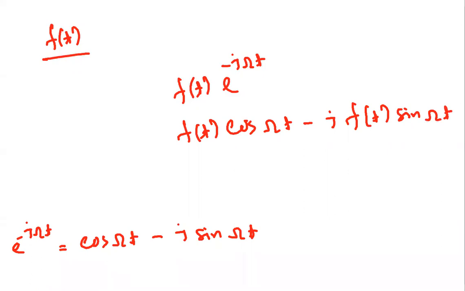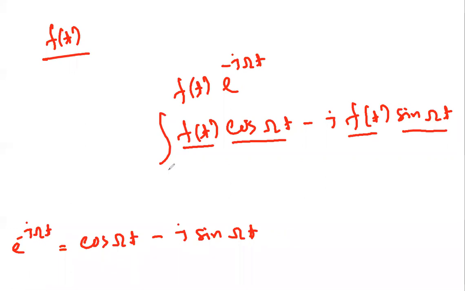Very, very simple. Then we integrate the whole thing, because f(t), cos omega t and f(t) sin omega t are continuous in nature.